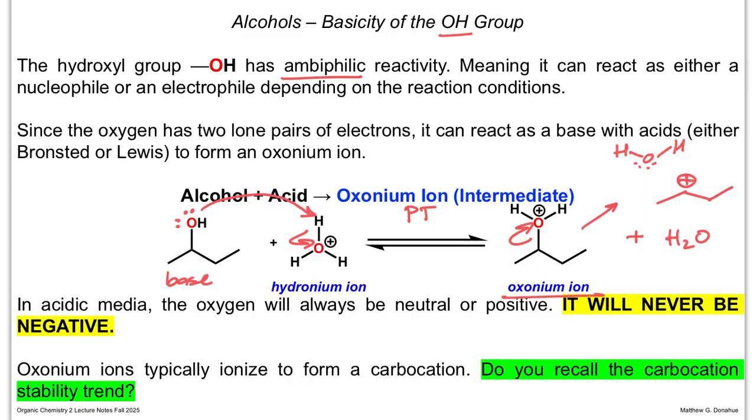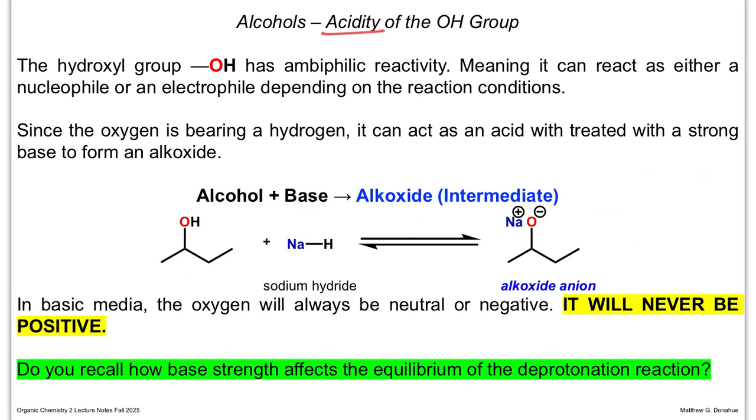So that was the basicity. Now we're going to focus on the other kind of reactive motif of the OH group, which is acidity. So we have our same alcohol. It has its same lone pairs. I'm going to draw this out like that now to actually show the OH.